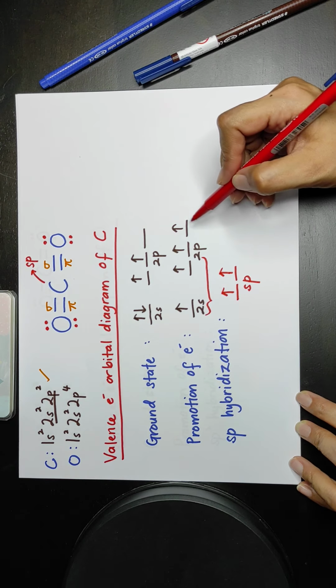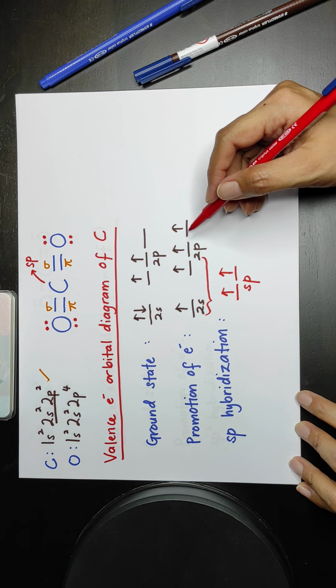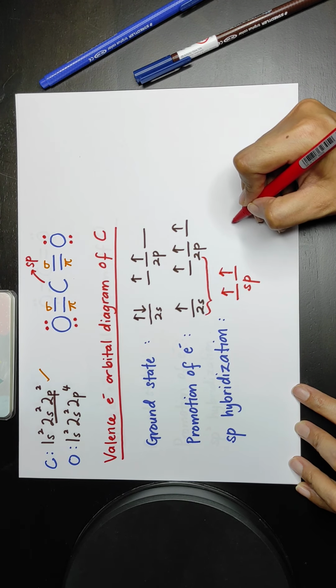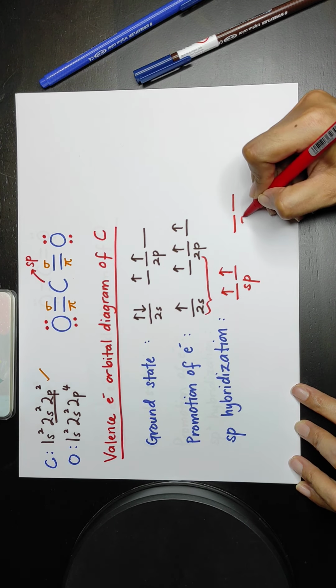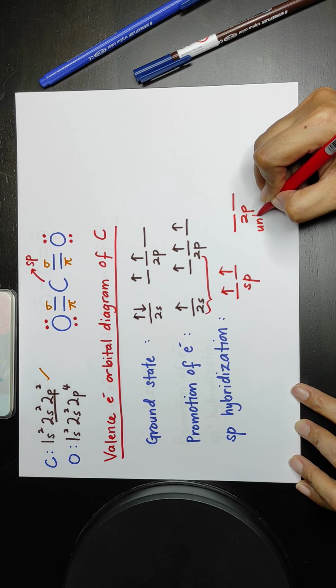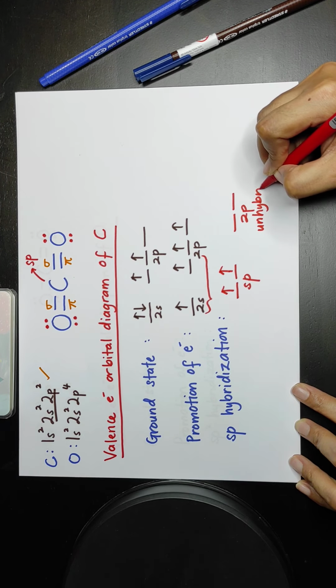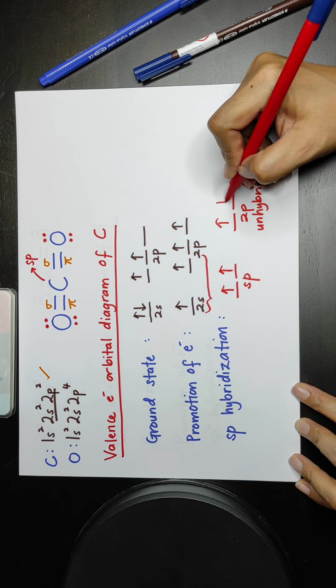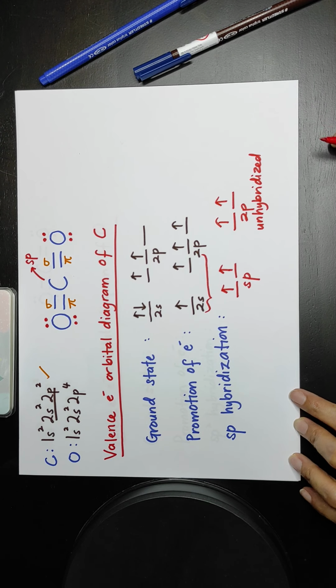And there are two 2p orbitals that contain electrons which do not undergo hybridization. So we have to write down here 2p orbital which is unhybridized, and it has two electrons.